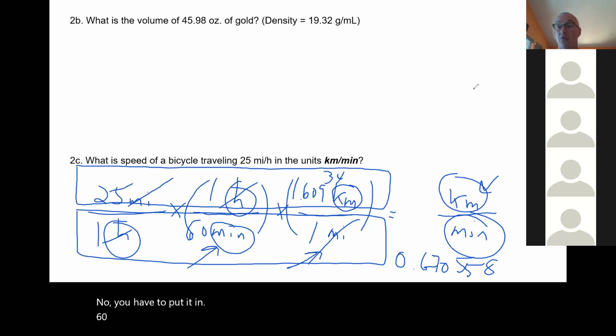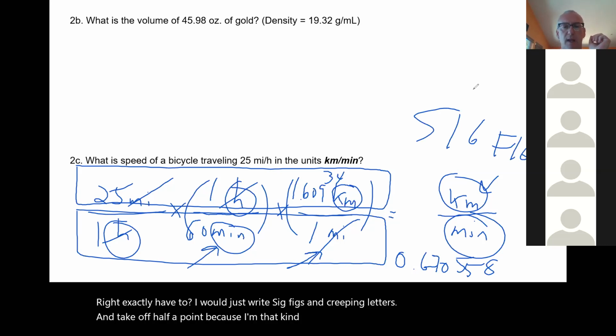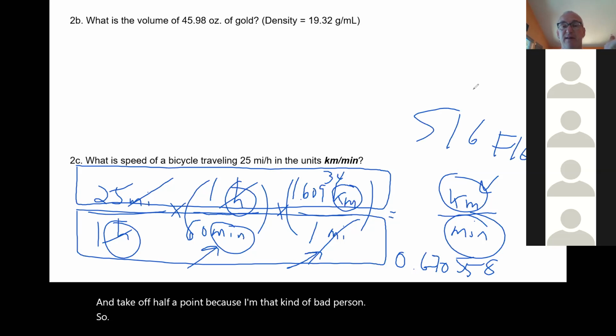significant digits, right? Right, exactly. I would just write sig figs in great big letters and take off half a point because I'm that kind of bad person. So, how many sig figs do I have? 2. Right, there's only 2 here.